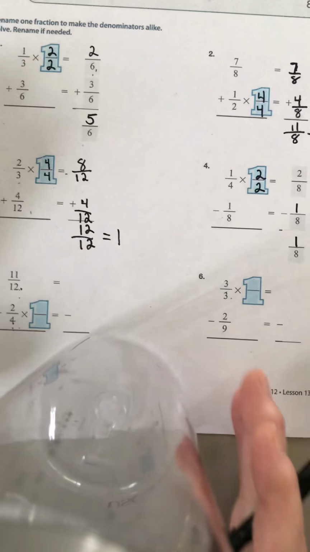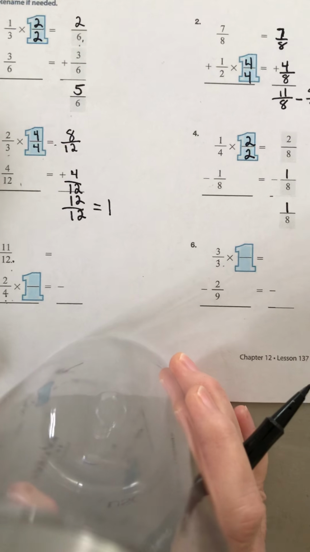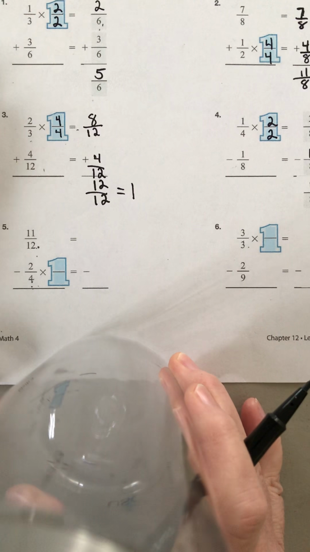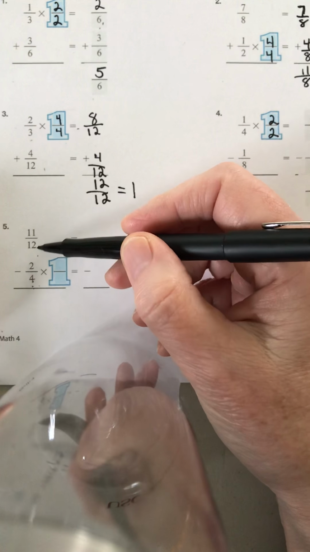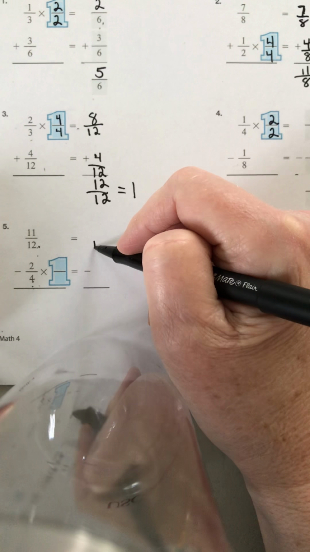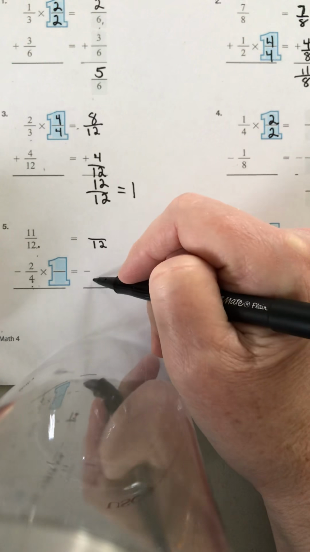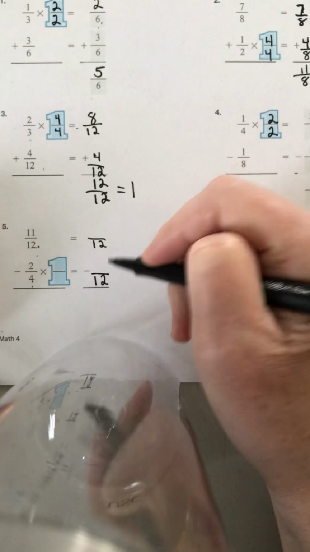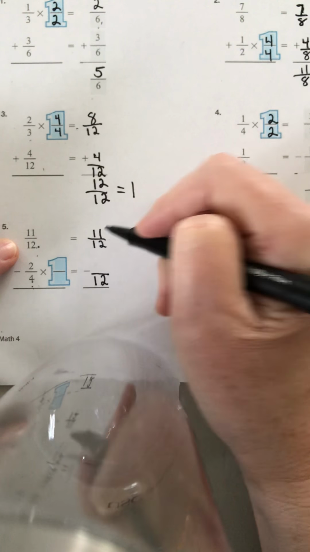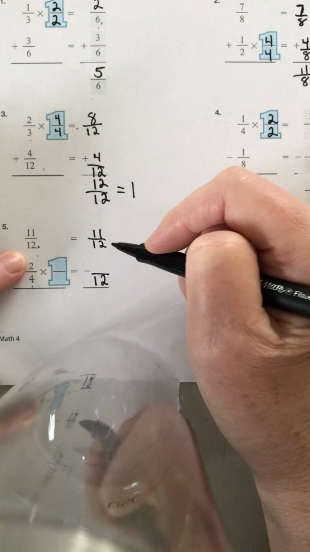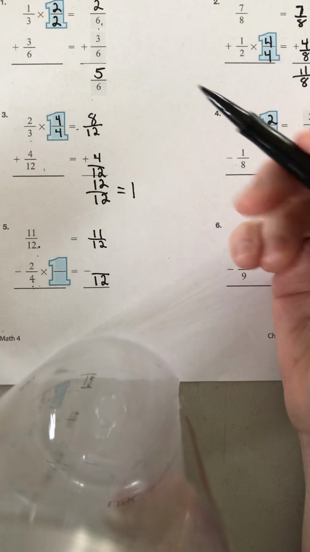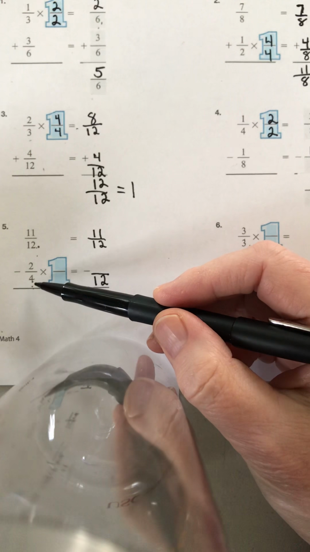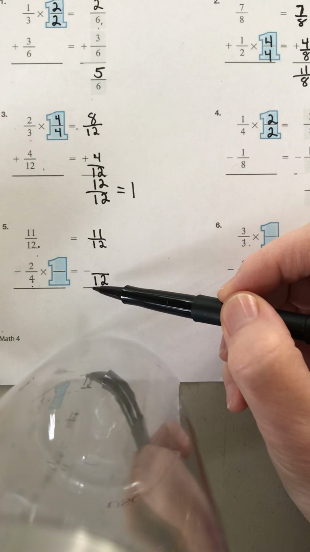All right, so now we're going to go down to number 5. And I look at my denominators. 12 is bigger than 4, so I'm going to write 12. And then I also have to write my 12 down here. Oh, and I should have written the whole fraction. If you're using the same denominator, use the same numerator. So now I look and I think, okay, what do I multiply 4 by to get 12?